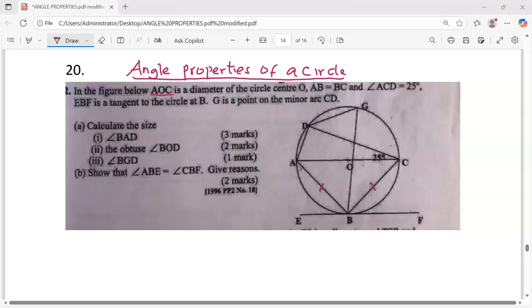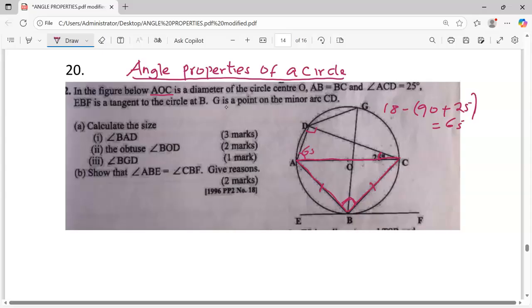The first thing we are going to do, you can see that AC is the diameter of the circle. The diameter will always subtend an angle of 90 degrees at the circumference of a circle. That means it is also going to subtend 90 at this point. If this is 90 and this is 25 here, the angle here will be 180 minus 90 plus 25, and this one is going to give us 65 degrees.